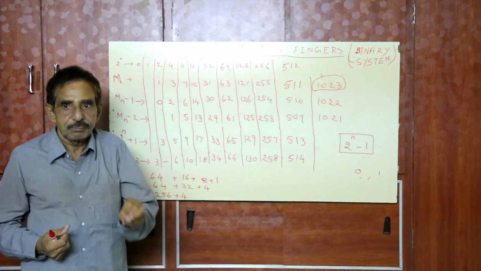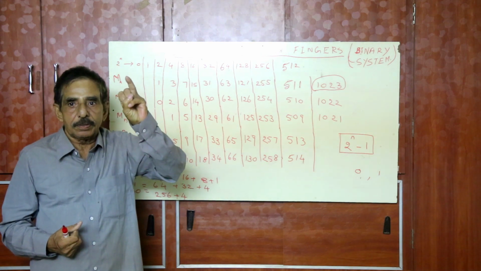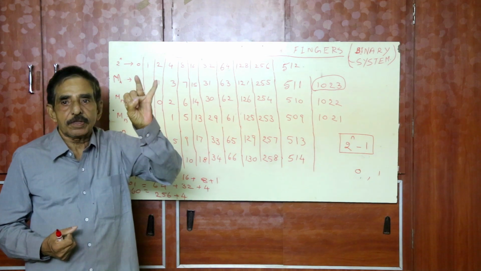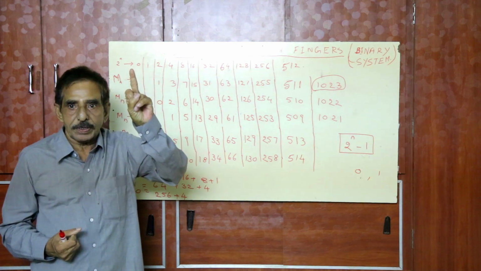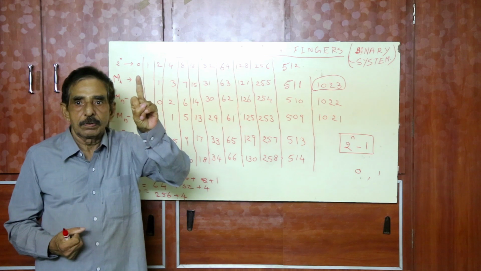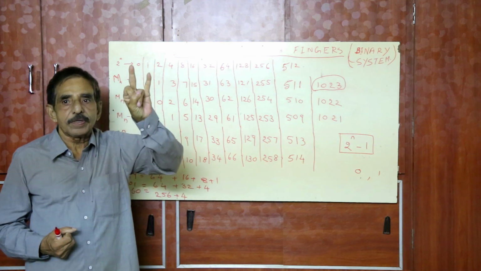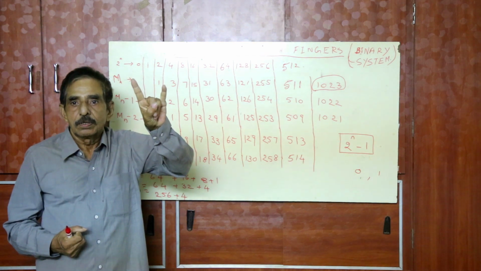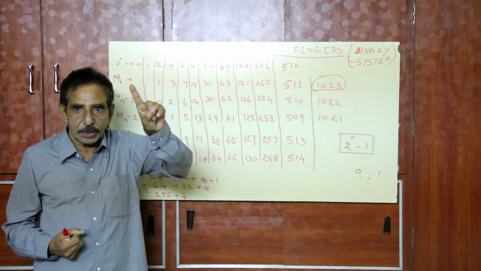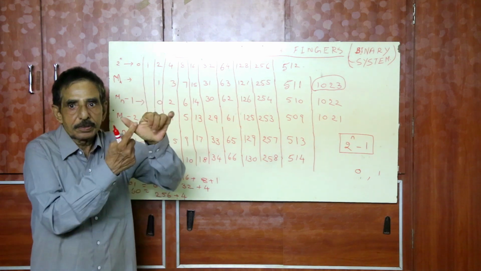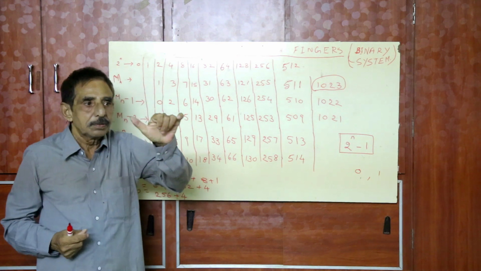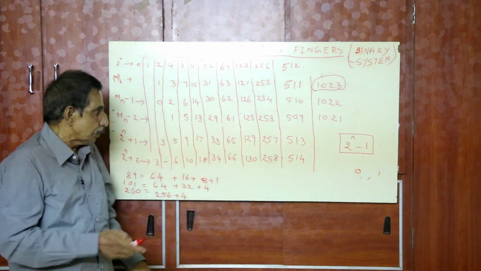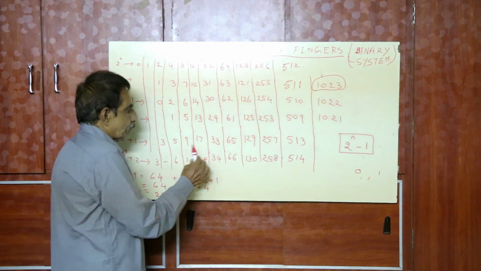That means this finger represents 2. To make it 3, open this finger. This finger represents 4. To make it 5, open this finger. This finger represents 8. To make it 9, open this finger. This finger represents 16. To represent 17, you open this finger. Like that, these row numbers you can denote.